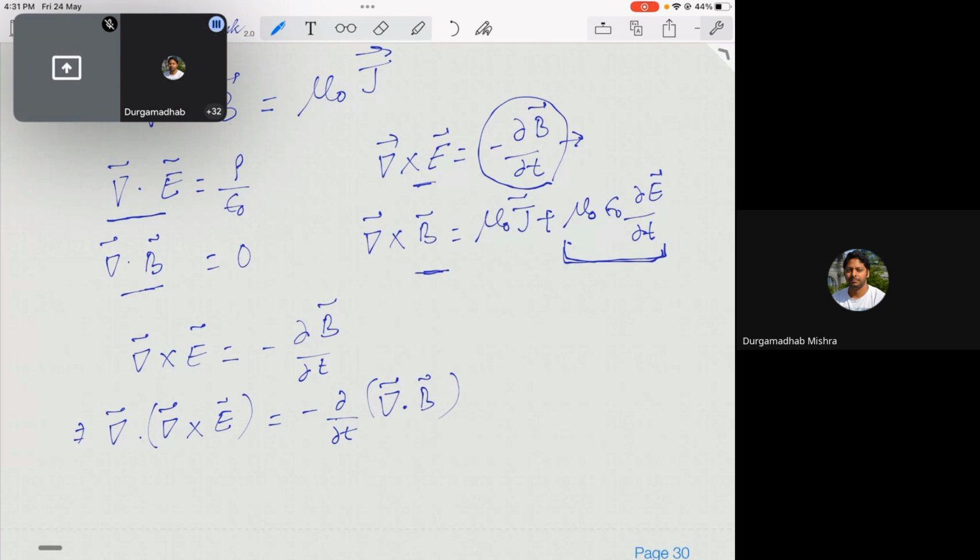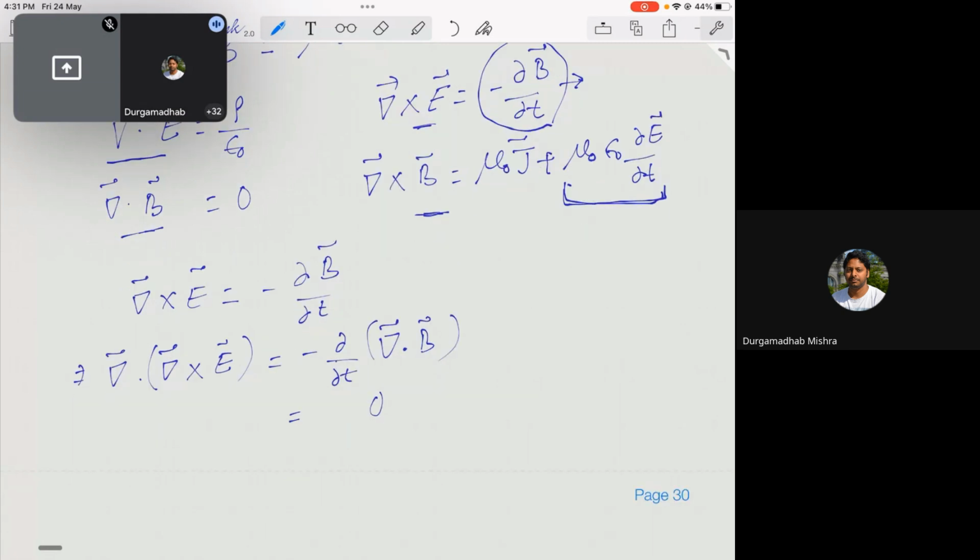The del operator is del by del X, del by del Y, del by del Z, which operates on X, Y, Z, while T is a time derivative. So they commute, and I can exchange them. The right hand side is 0, since del dot B is 0. The left hand side is also 0, because the divergence of the curl of any vector is always 0. So 0 equals 0.